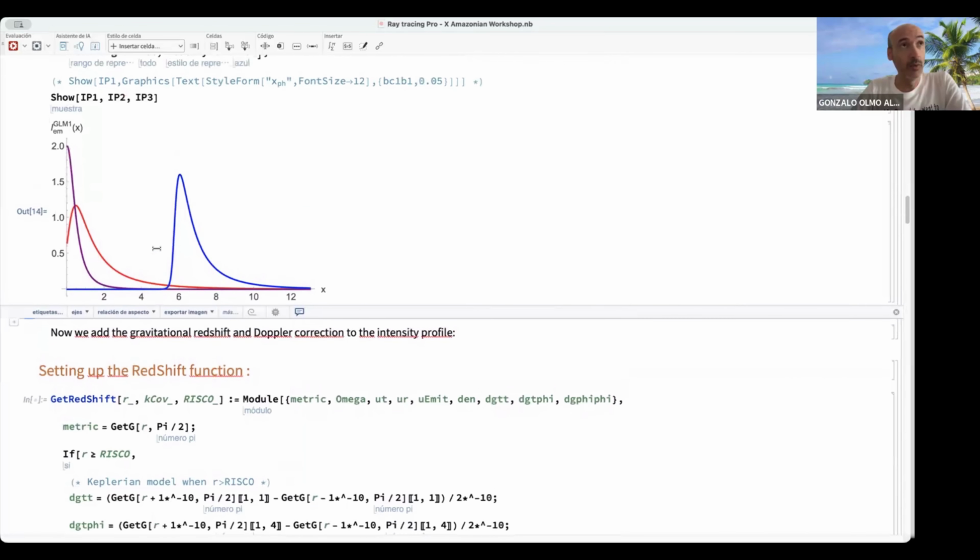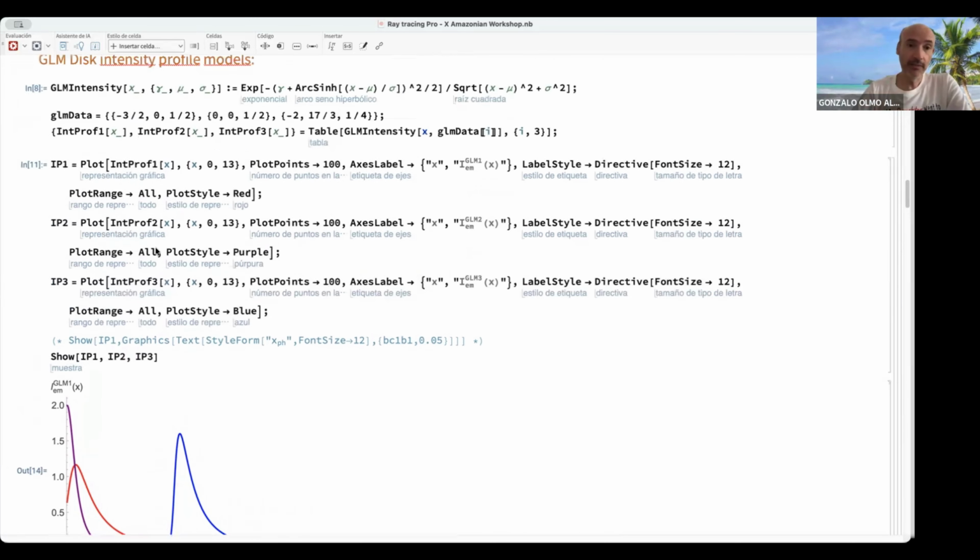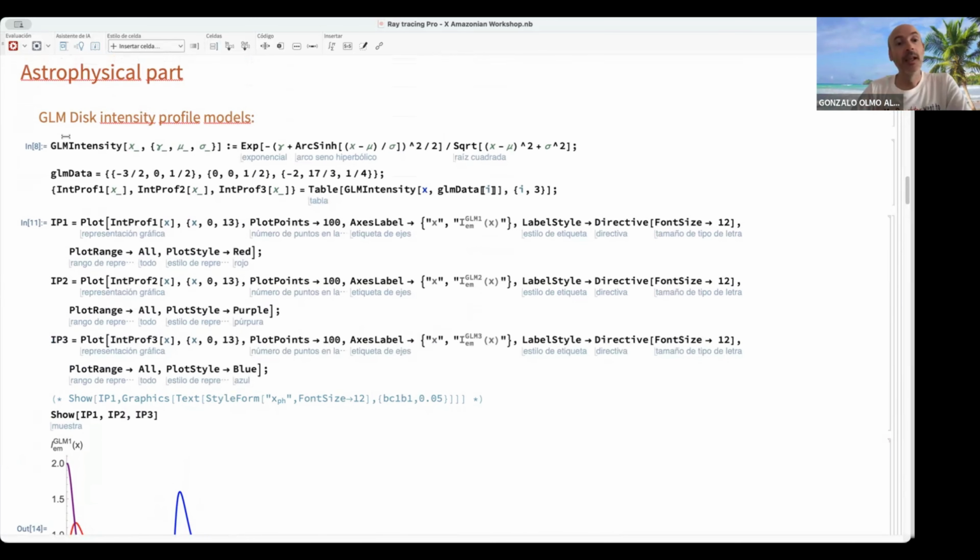Now what we need to do is care about the propagation of the intensity profile. We have computed the geodesics, the previous part of the code. We are defining the intensity profile, which is isotropic on the equatorial plane, because it only depends on the radial position. There is no angular dependence.